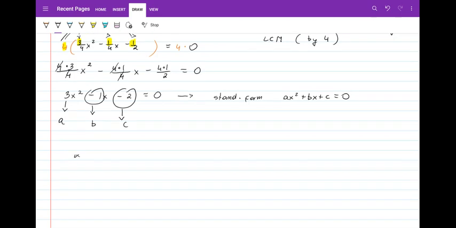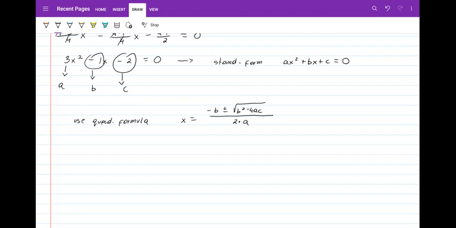So let's use quadratic formula. X equal negative b plus minus square root b squared minus 4ac divided by 2 times a. Okay, so I'm just going to plug it in.